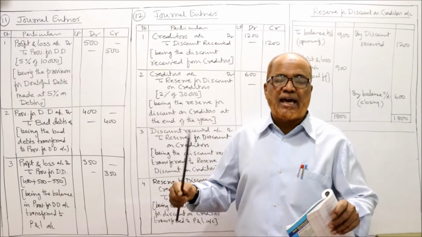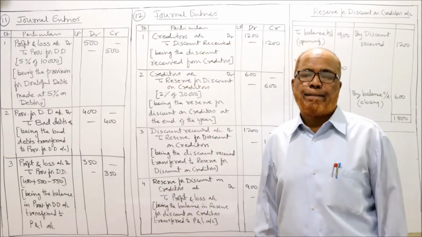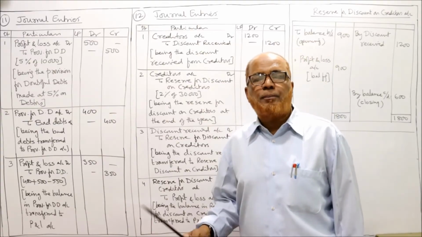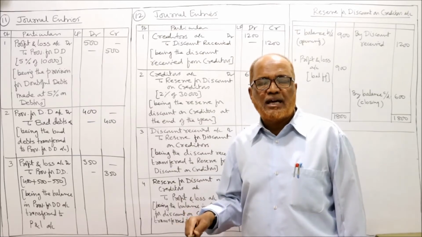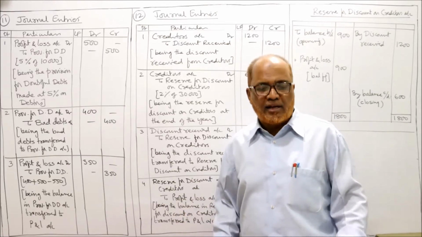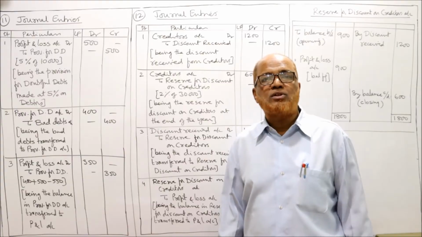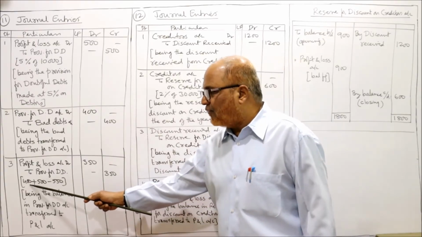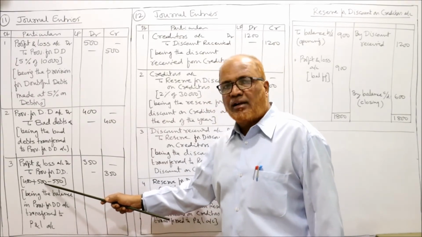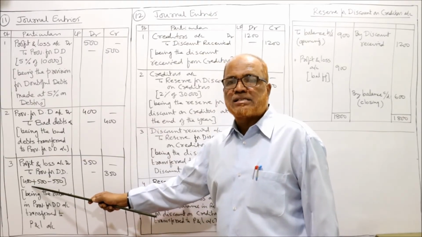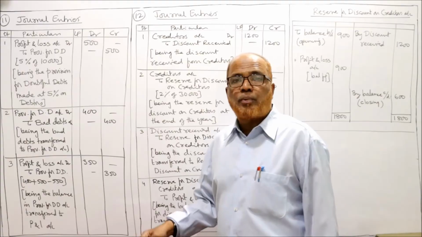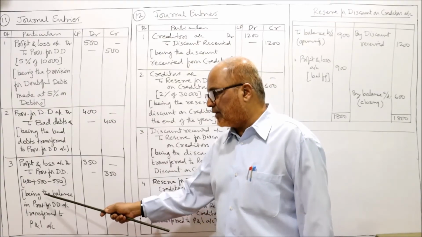From the 900, the existing provision will be deducted. Existing provision means the provision made at the beginning of the year. At the beginning of the year 550 provision was there. So here I have written 400 plus 500 minus 550. 400 are the bad debts. 500 is the new provision made at the end of the year.